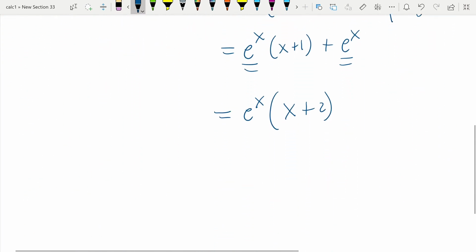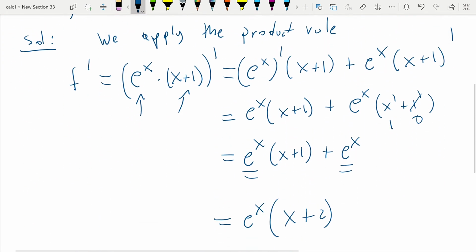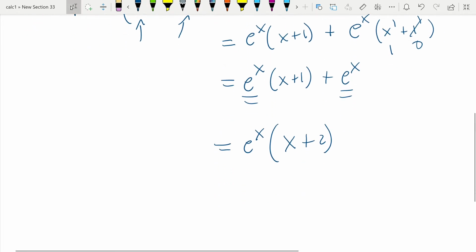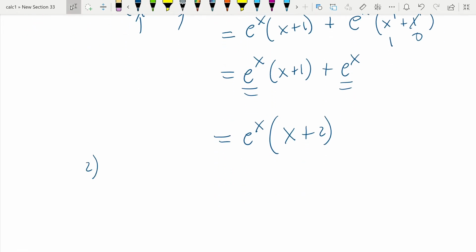Well, let's go over another example, now applying the quotient rule.